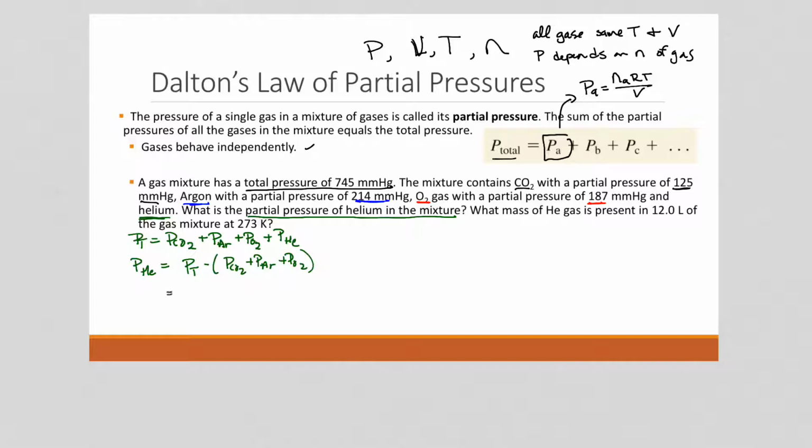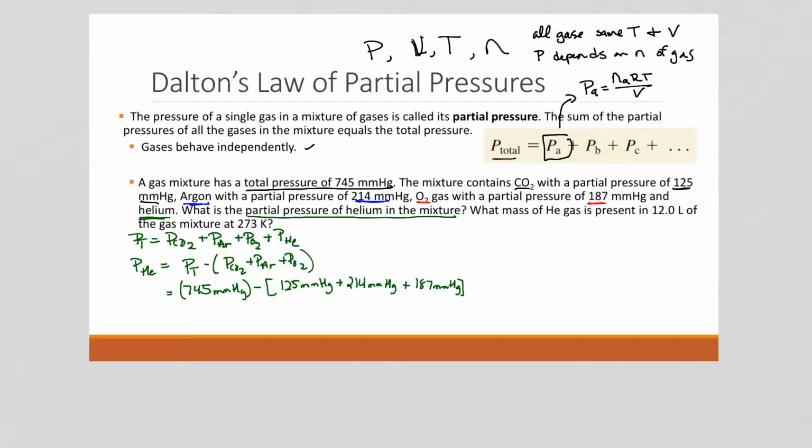So if we start plugging in numbers, we have a total pressure of 745 millimeters of mercury minus the pressure of CO2, which is 125 millimeters of mercury, plus argon, which is 214 millimeters of mercury, plus O2, which is 187 millimeters of mercury.